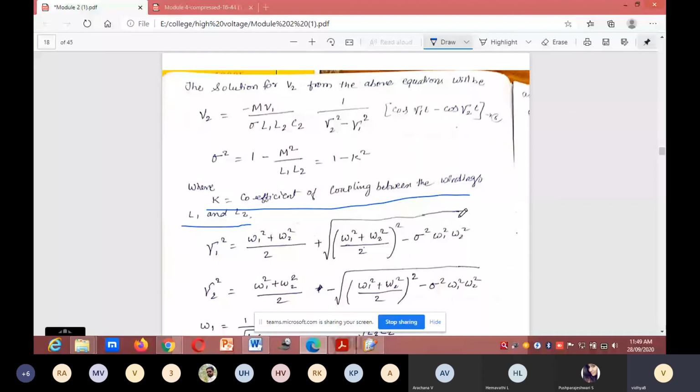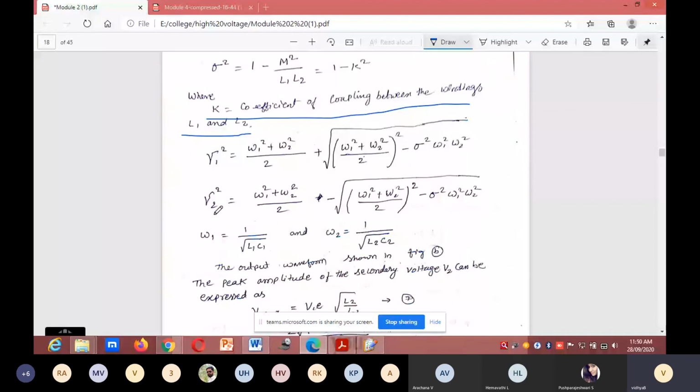Gamma 2 square is equal to (omega 1 square plus omega 2 square) divided by 2 minus square root of ((omega 1 square plus omega 2 square) divided by 2) whole square minus sigma square omega 1 square omega 2 square. You can say omega or W.